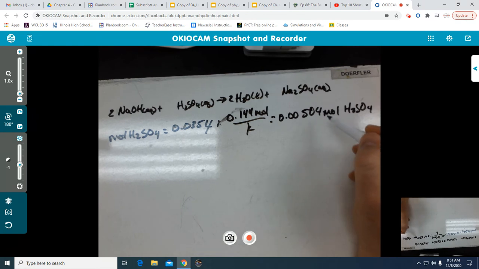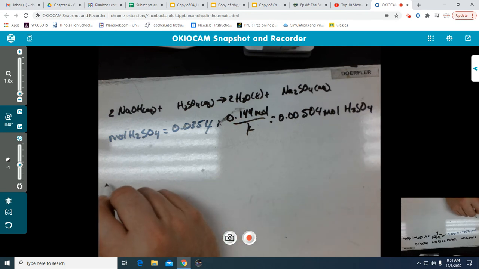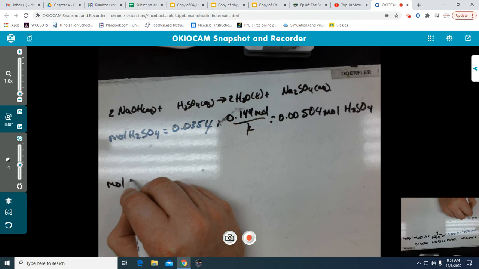All right, so now we have moles of substance A, and we can go to our next step and determine moles of substance B, which is going to be our sodium hydroxide.